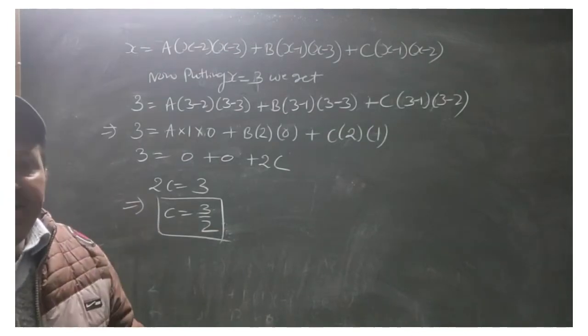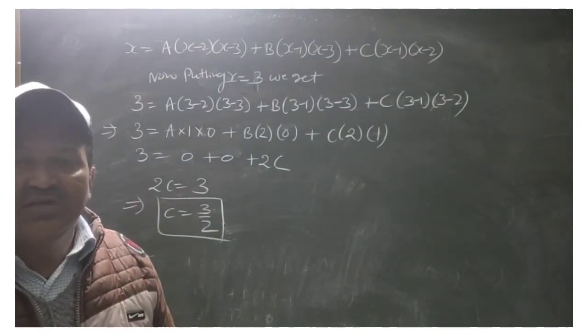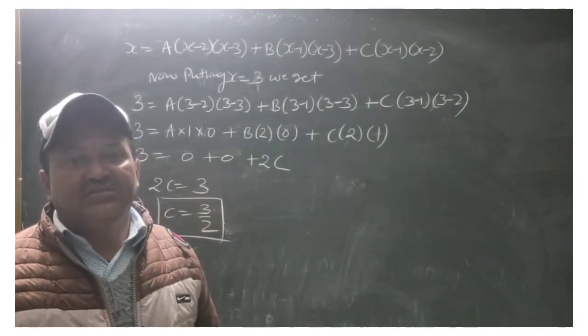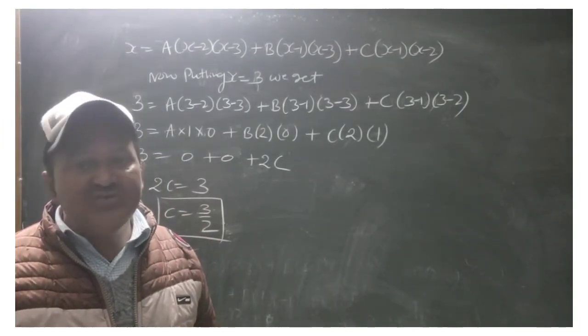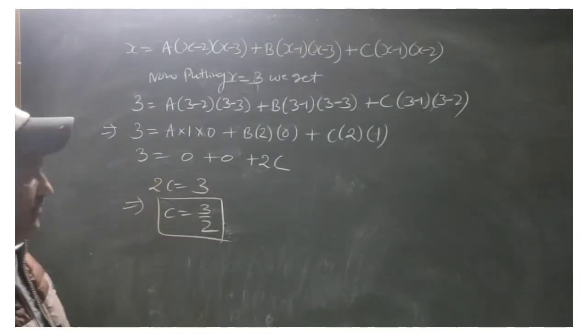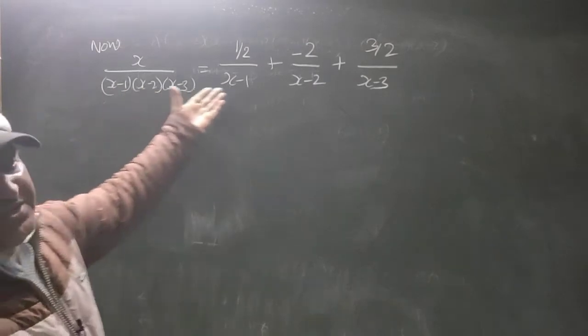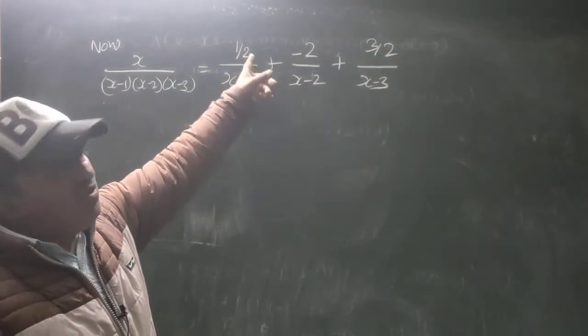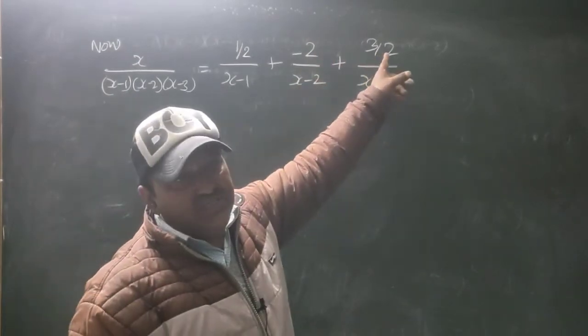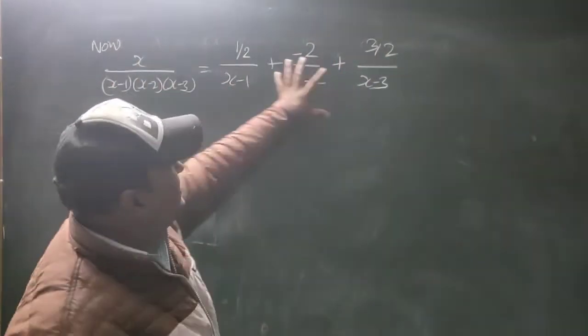Now we have found all the three values, capital A, capital B and capital C, of these partial fractions. Now putting these values, we get the partial fractions of the given question. After putting the value of A as 1 by 2, B as minus 2 and C as 3 by 2, the question becomes this.